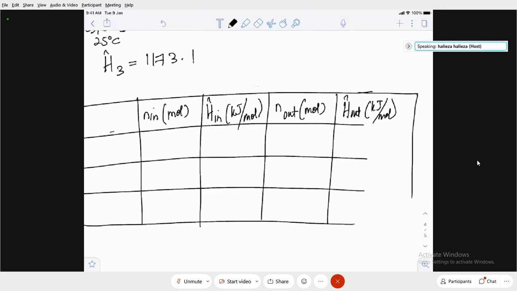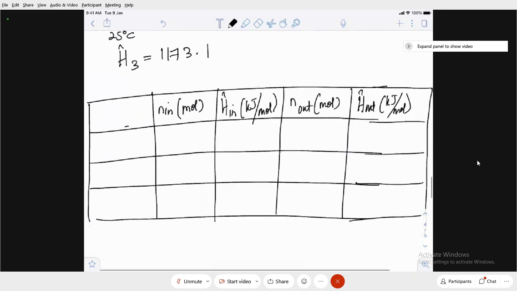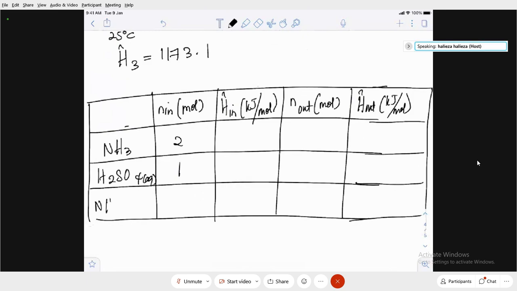So write down the number of mole that we have for ammonia coming in. You have 2 mole. For your sulfuric acid, you have 1 mole, that's aqueous. For your product, ammonia sulfate, that's also aqueous. Don't have it in the feed, but you do have the amount coming out, 1 mole.